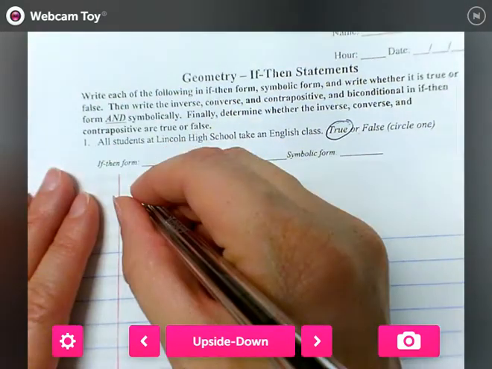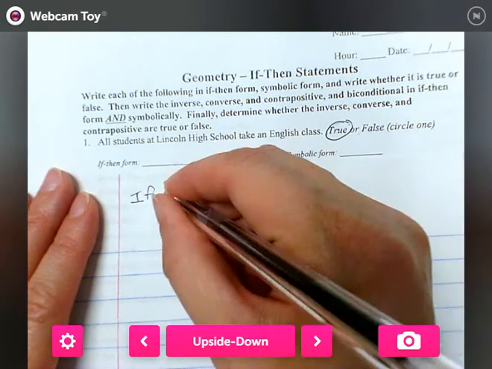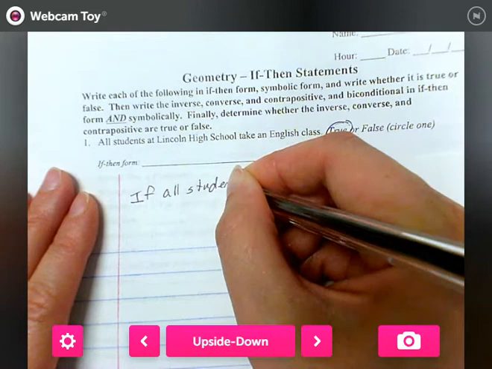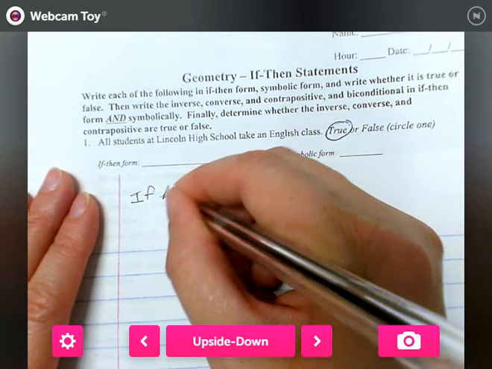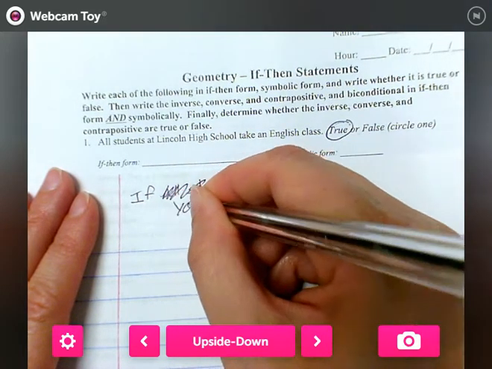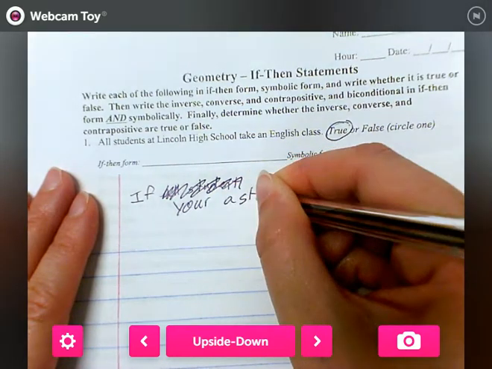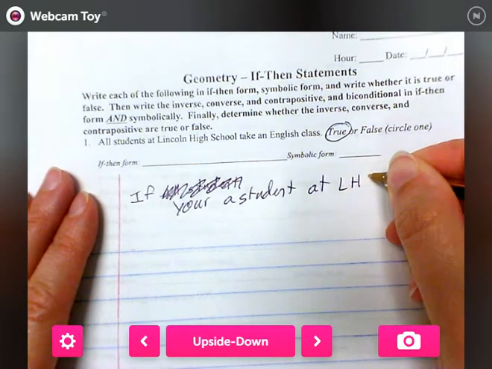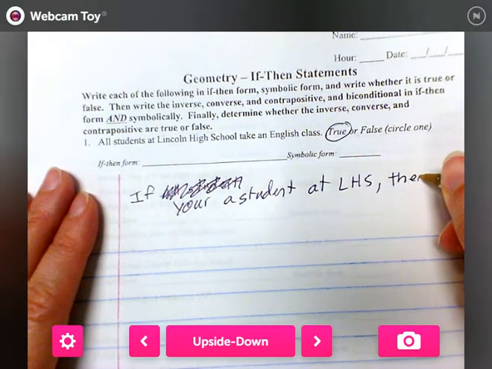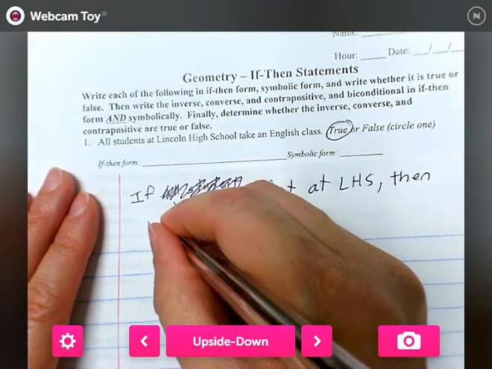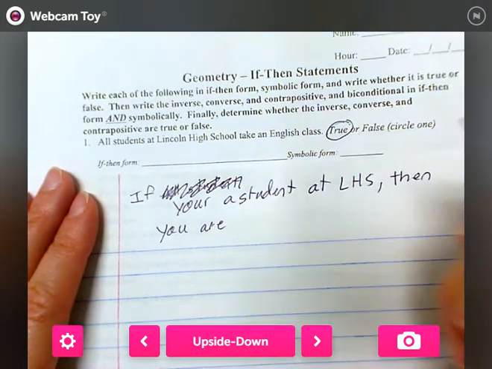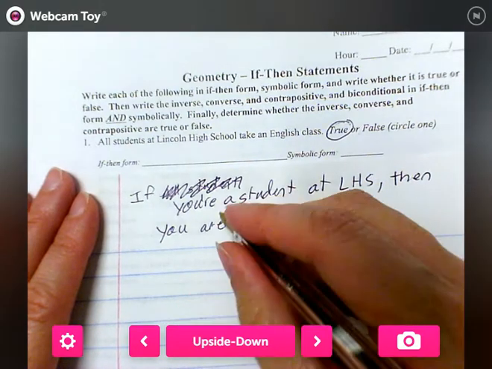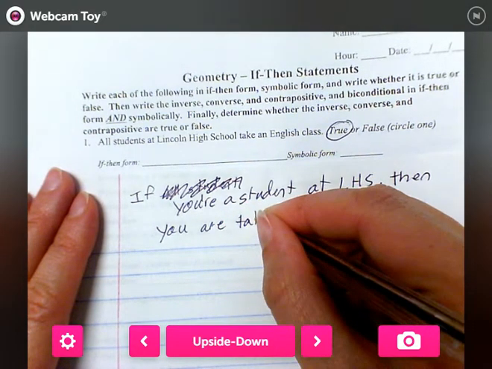So, if all students, let's change this. If you're a student at Lincoln High School, then you are taking an English class.